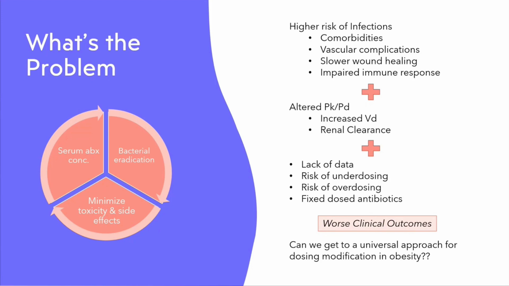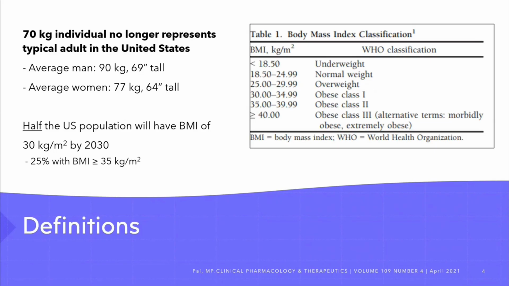It's not one of their special populations that they require data in before review. So the rhetorical question at the bottom of the slide is, is it possible to get to a universal approach for dosing modification in these patients?